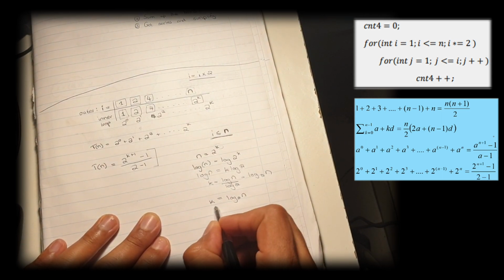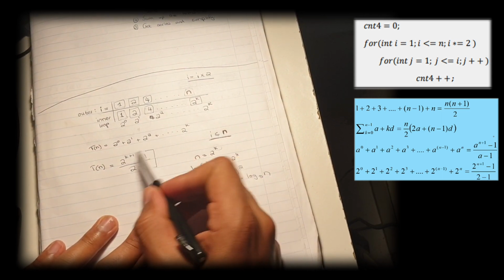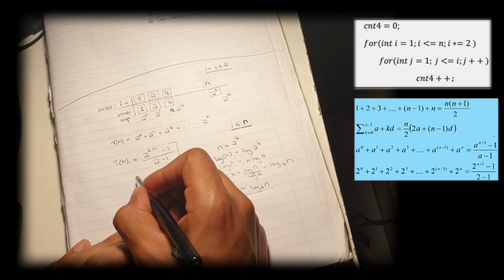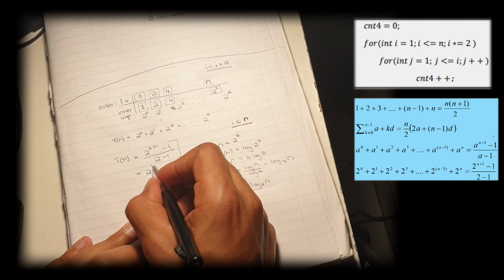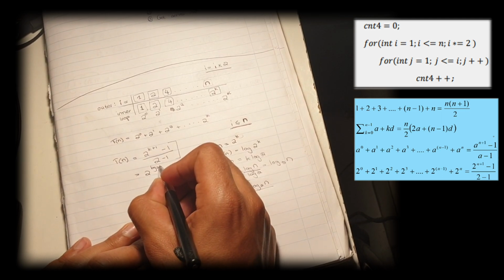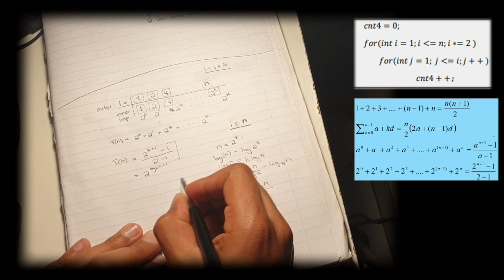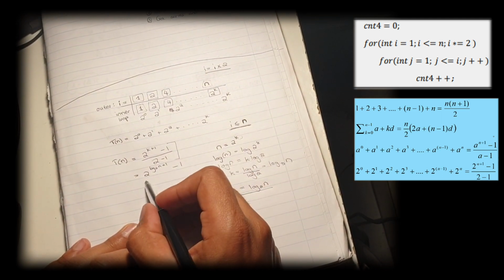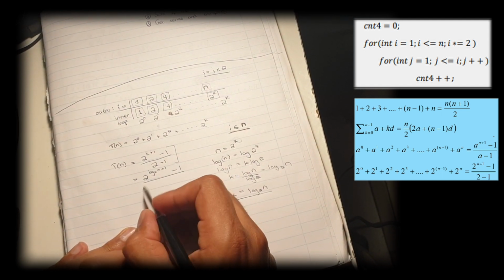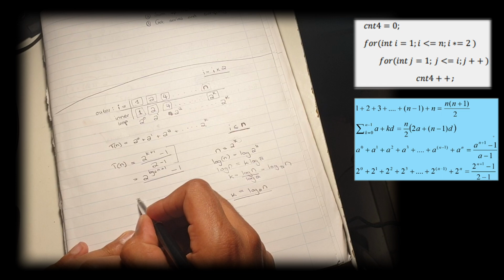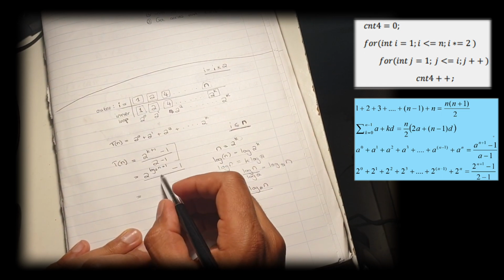We're going to substitute this value of k into our summation formula. Let's go. So we have 2 to the power of log base 2 of n, plus 1, minus 1, right? Over 2 minus 1, which is 1, so I'm going to leave it at that. We can rewrite this whole expression.